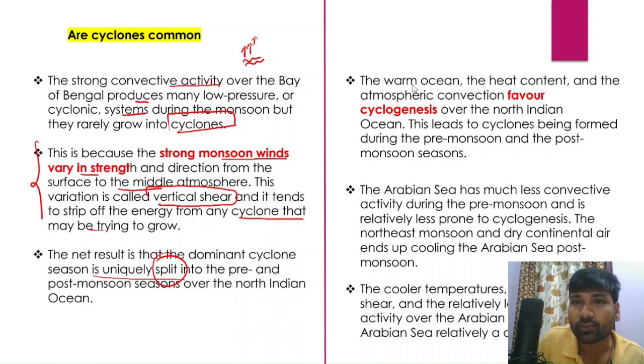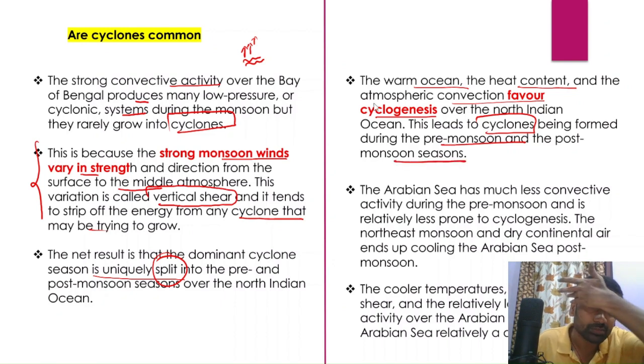In fact, the heat content present in the warmer ocean waters and the atmospheric convection usually favor cyclogenesis over the Indian Ocean, and this leads to cyclones forming during both the pre-monsoon times as well as the post-monsoon times. So remember, these conditions favor the formation of cyclones, or result in cyclogenesis.